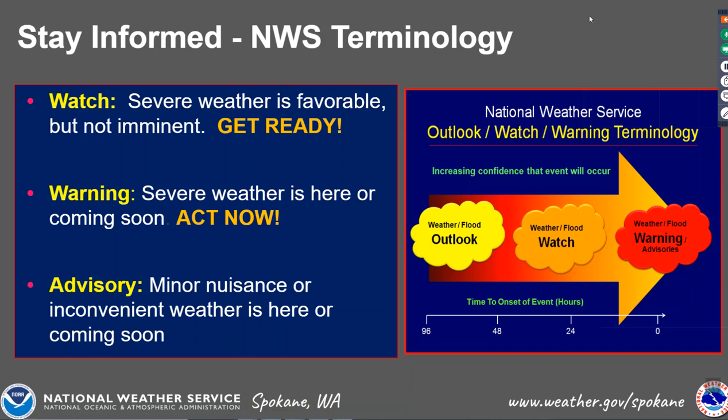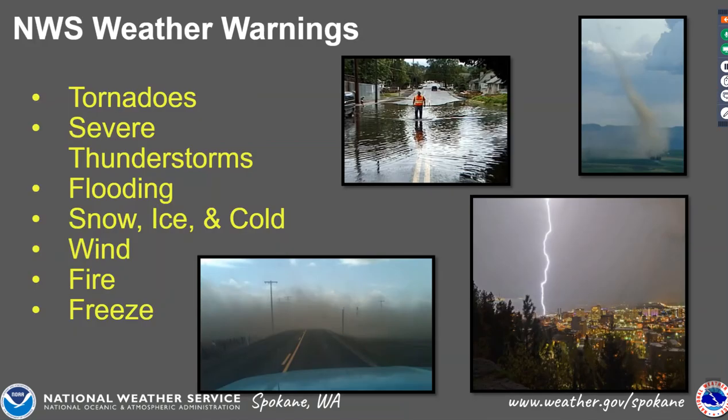A warning means that we are confident the weather is occurring, so act now. An advisory would be a minor nuisance or inconvenience. And actually, the Weather Service is looking at removing advisories and just doing watches and warnings.